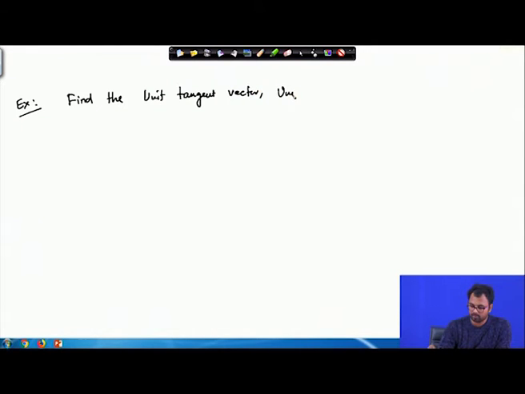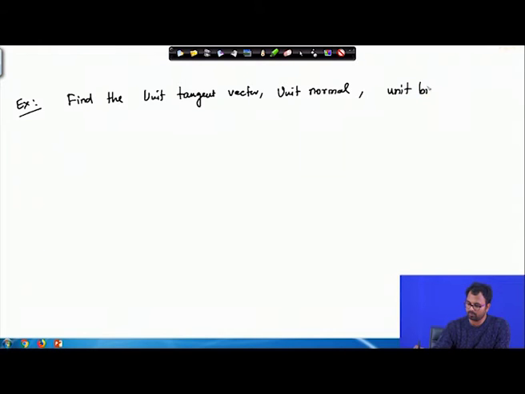Example: find the unit tangent vector, unit principal normal or unit normal, and unit binormal, let us say I am including everything.